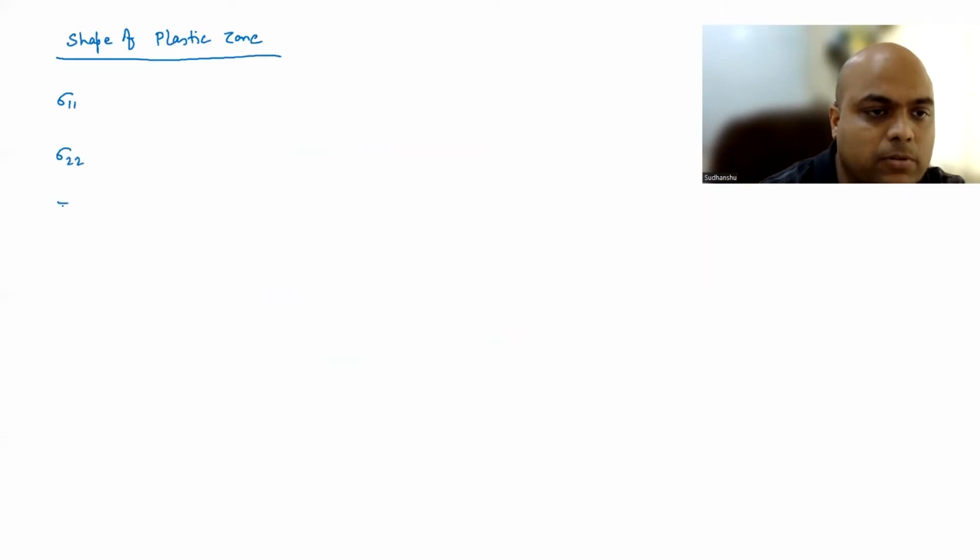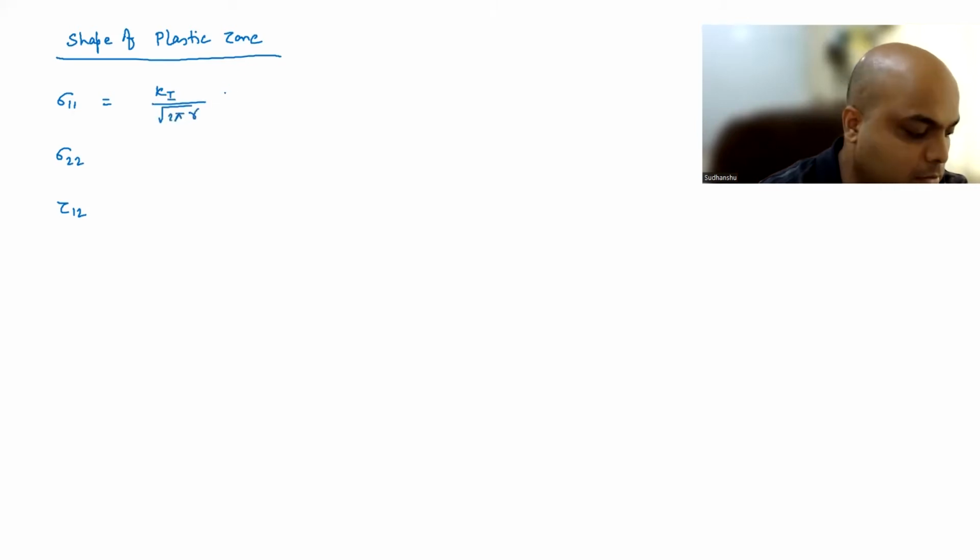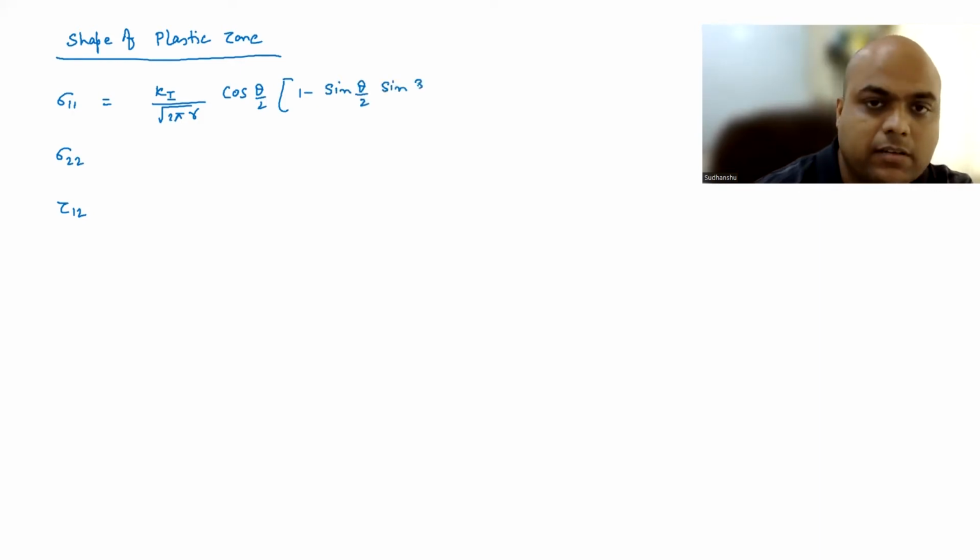sigma 22, and tau 12. Okay. So sigma 11 was A1 divided by root 2 pi r, then cos theta by 2, 1 minus sine theta by 2, and sine 3 theta by 2.